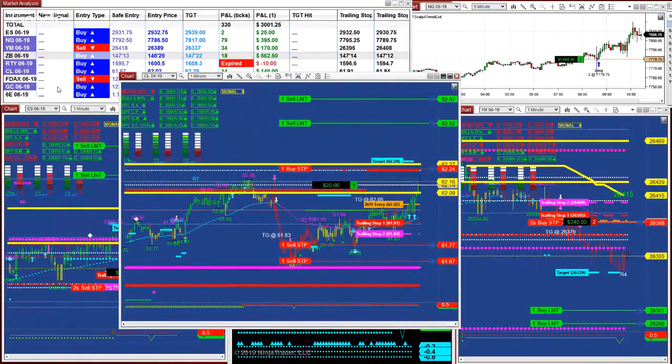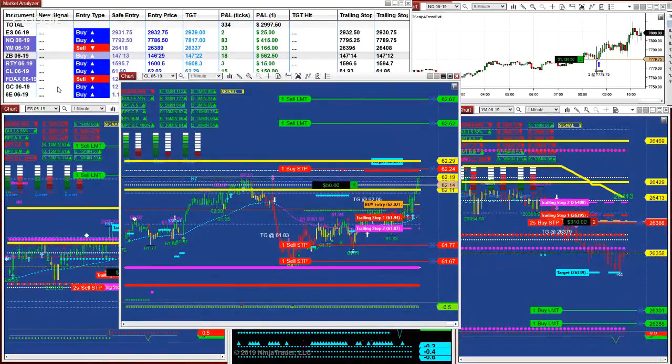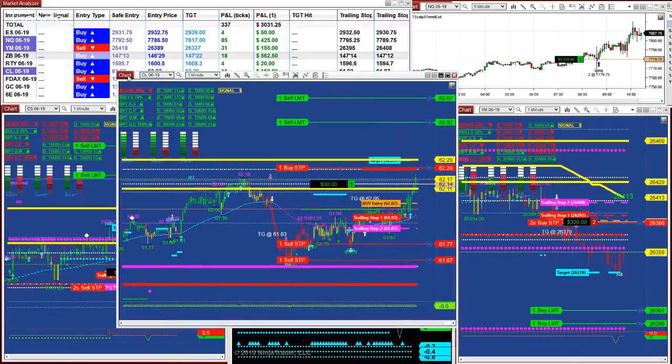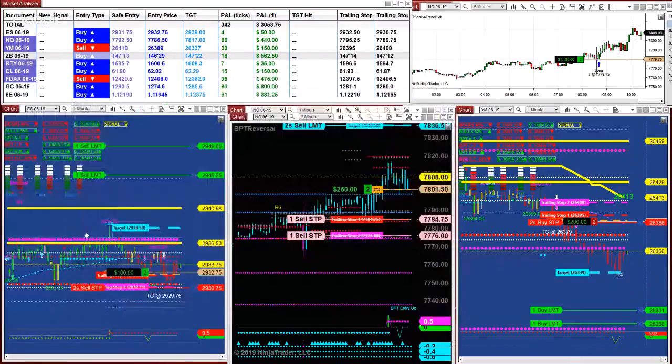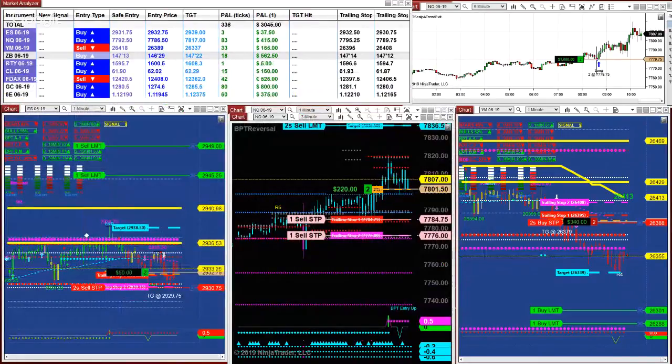Sometimes I miss it because we are covering the DAX, the gold, the ES, YM, MCL, and it is live. It is extremely hard to cover everything, guys. So please be careful and try to look at this first column here when it says a new signal, and this way you don't have to rely on me to call every trade for you.